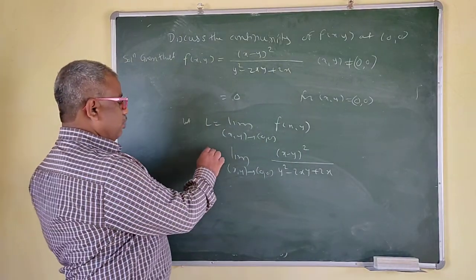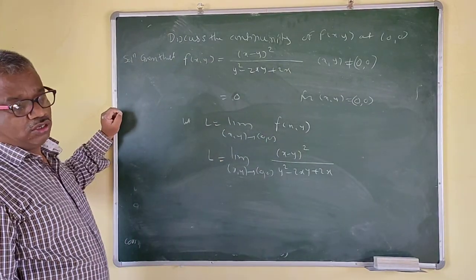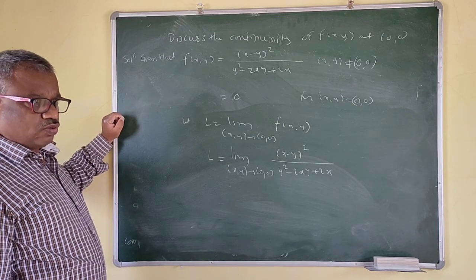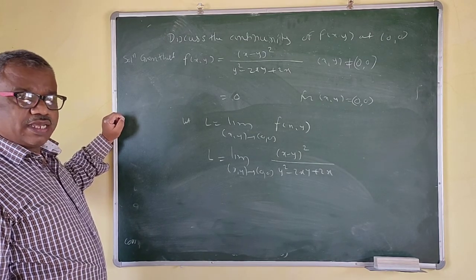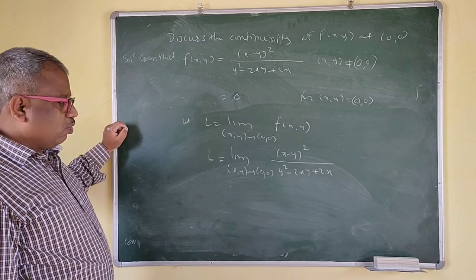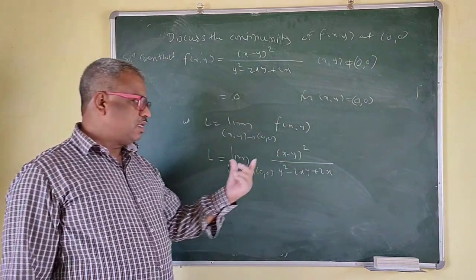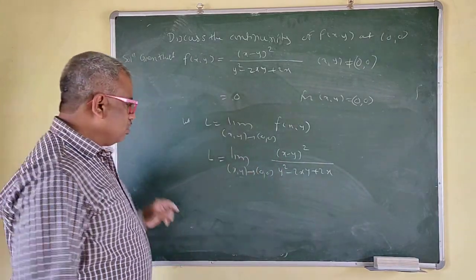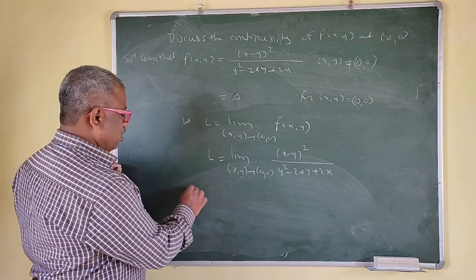Now we have to check whether this limit exists or not, right? We know that if the limit along two different paths is different, then the limit does not exist, right? So we'll try the limit along the x-axis and the limit along the y-axis. Okay, so we'll check the limit along the x-axis, right?